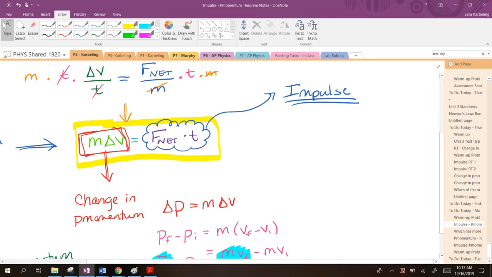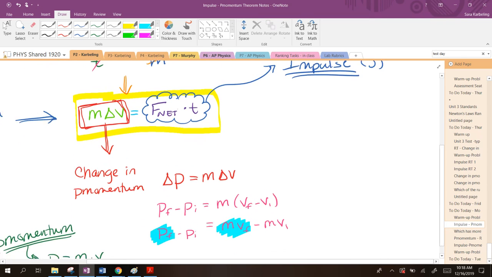I know that there are some among us that like to have things organized and like to have letters associated with things. The letter that goes with impulse, if you want to know, is the letter J. But I don't even know if that exists in your book. I had to look it up, because usually they just call it impulse. And they say that impulse is M delta V, okay?